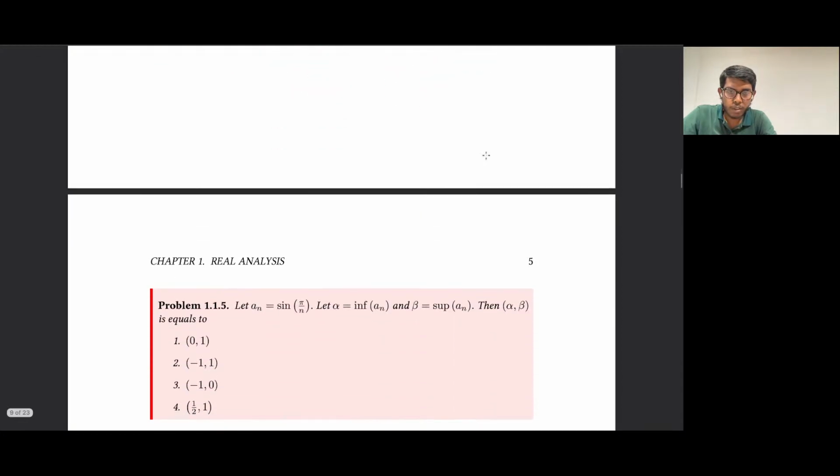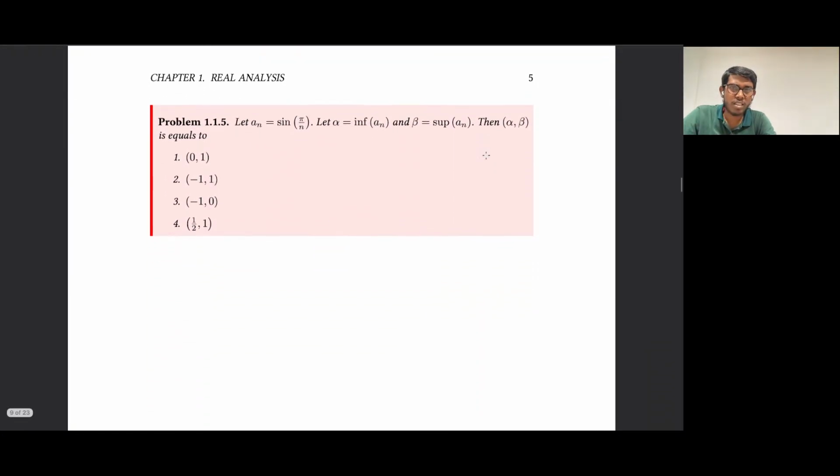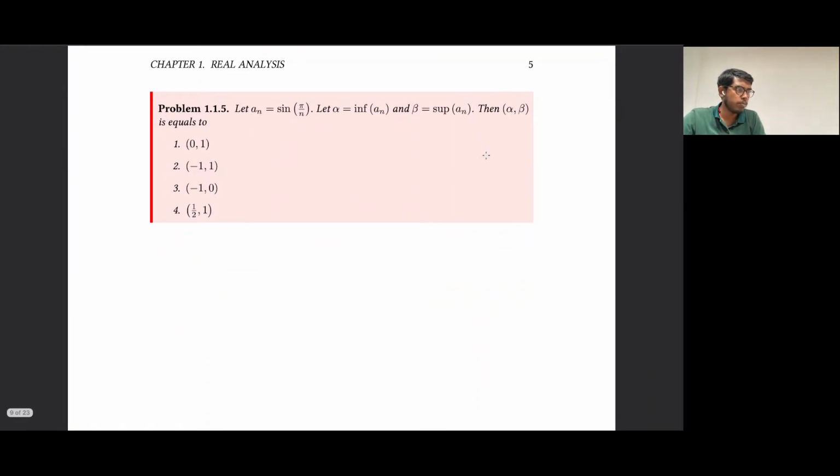So let's proceed to the next problem. This is again a very simple problem. You can tell the answer quickly: if a_n is equal to sin(pi/n), and alpha and beta denote the infimum and supremum, then what is alpha and what is beta?